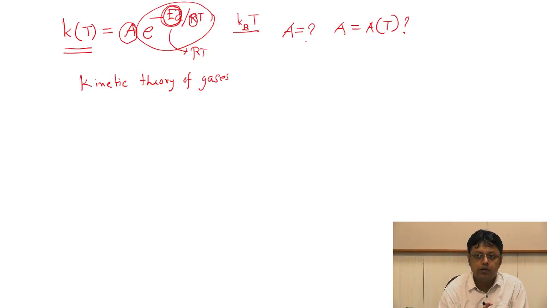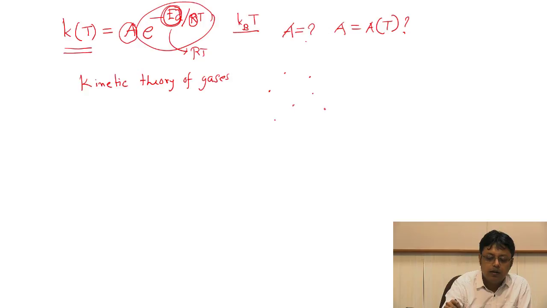What we are right now discussing is the pre-Maxwell-Boltzmann development, where physicists thought of gas molecules as moving in a random, erratic motion, and that is known as the kinetic theory.